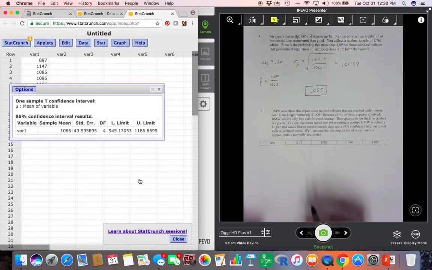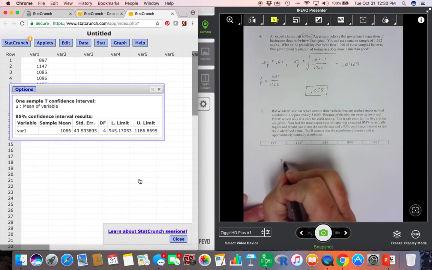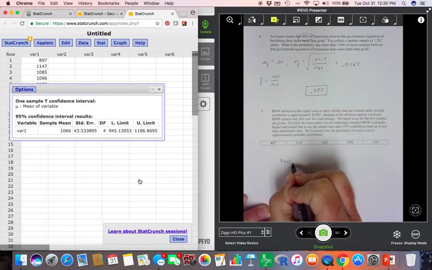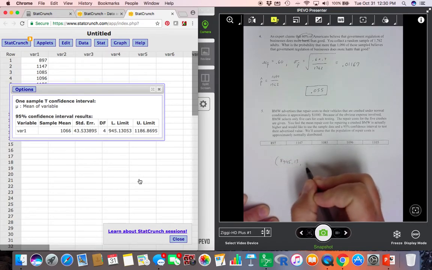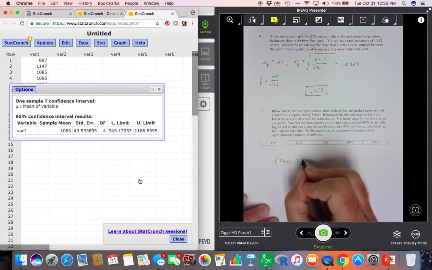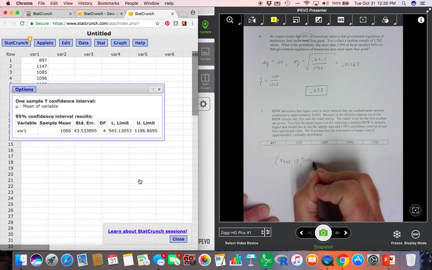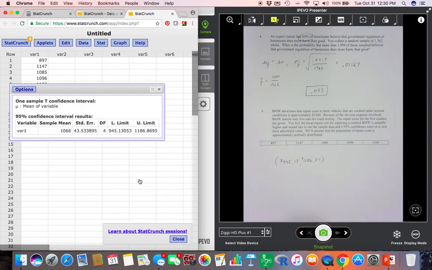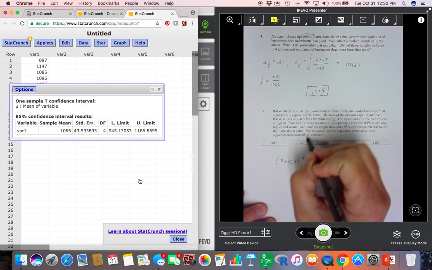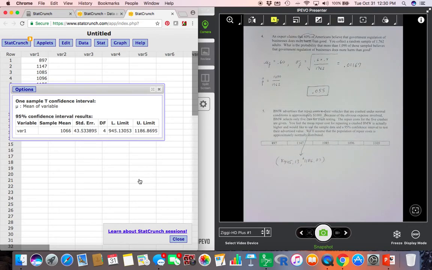So the lower limit is 945.13. And the upper limit is 1186.87. Now we ask ourselves, is $1,000 in the interval? And it is, right?